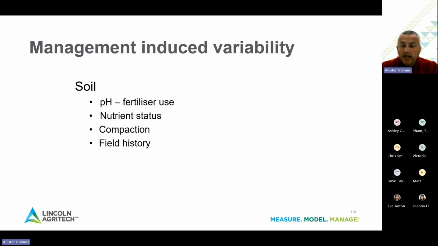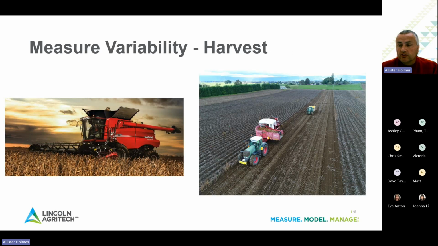So what we're lucky with is that we've actually got the way to measure this variability for probably 30 odd years now. Harvesters have had yield monitors.